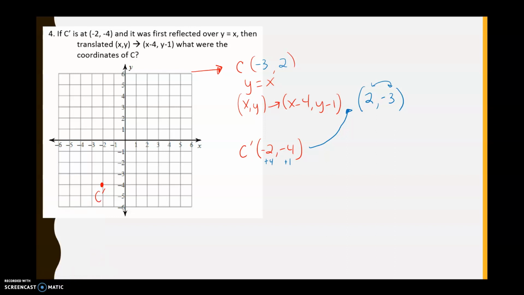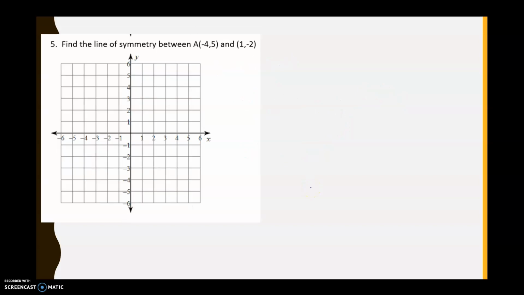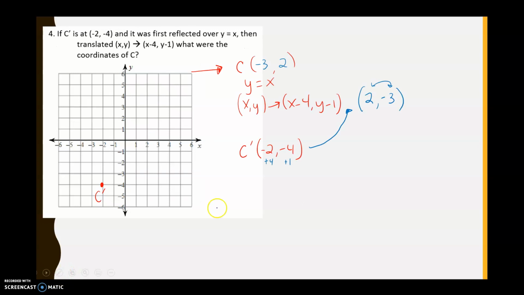Now just double check to make sure that this is the correct coordinate. If I were to start at -3, 2, this is me just checking now. If I started at C at -3, 2, and they wanted me to reflect over the line y equals x, that means I'm going to flip these guys. So my new coordinate would be 2, -3.